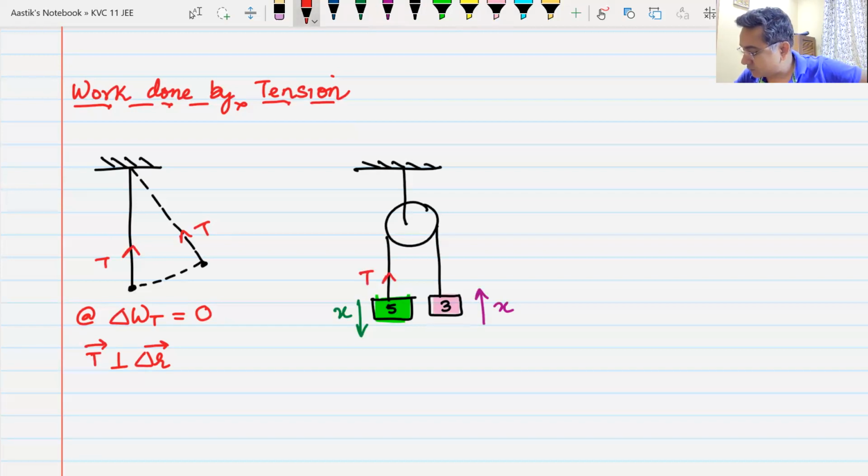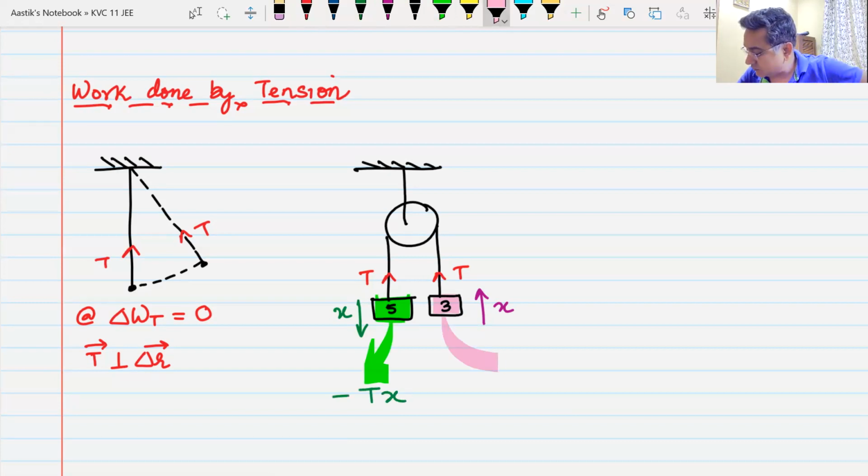What is the work done by tension on the green block and what is the work done by tension on the pink block? It is a very simple question. Minus Tx. So the work done by tension here is negative.